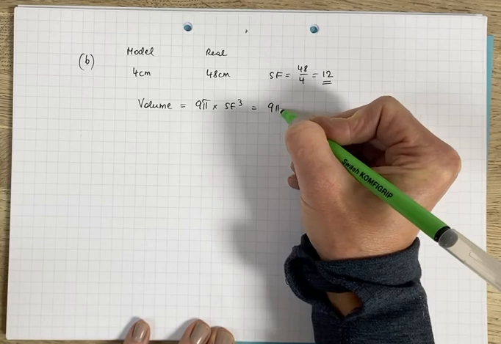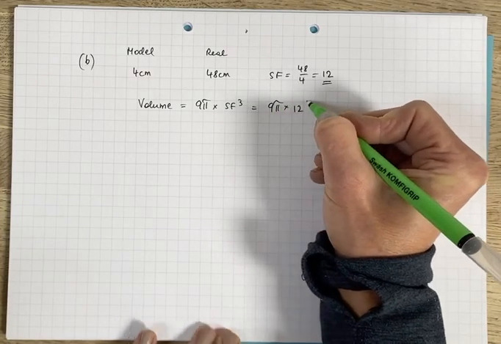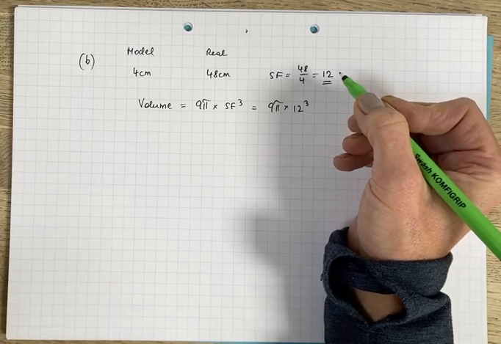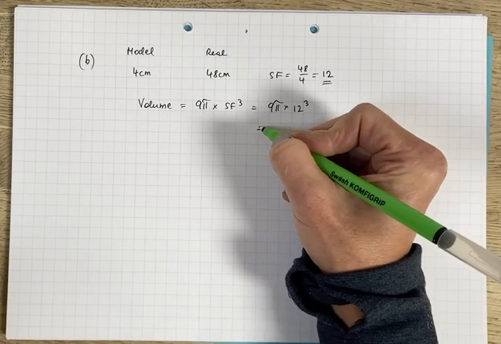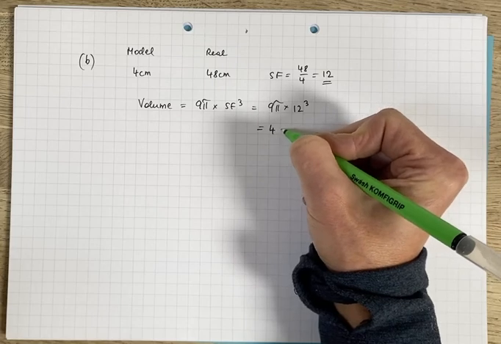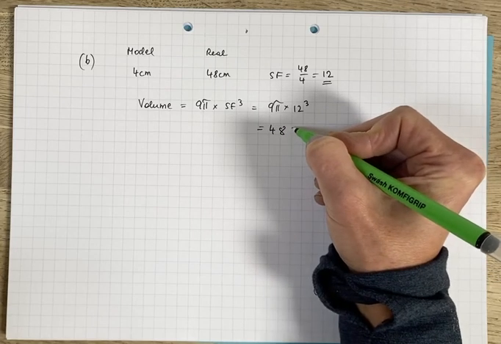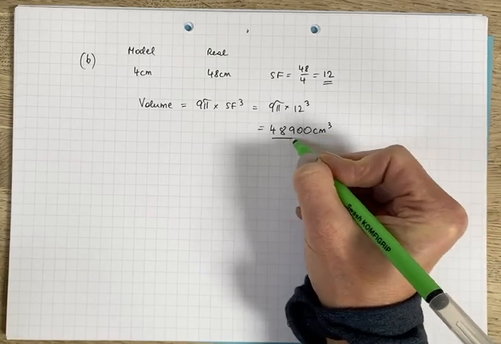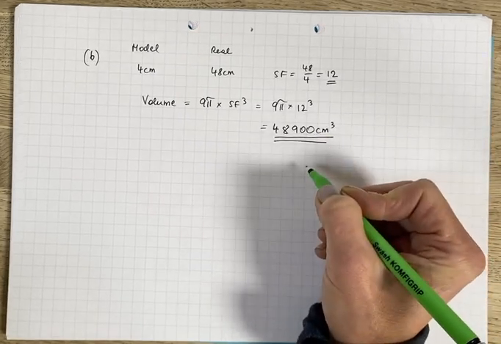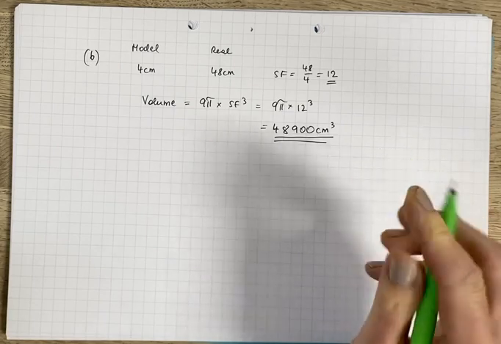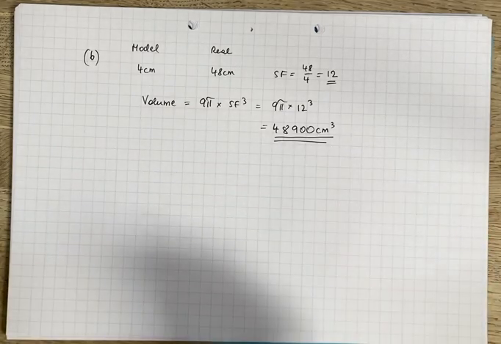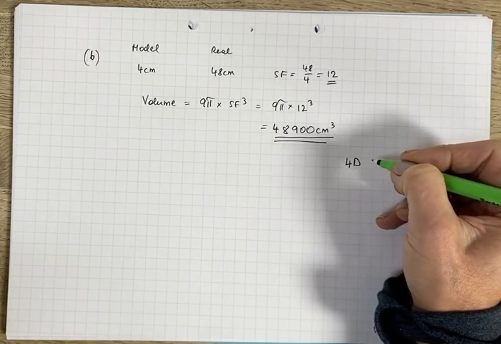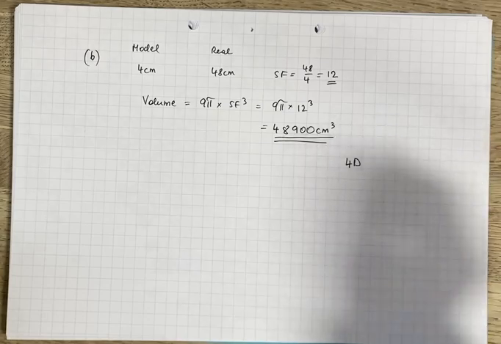So 9 pi times 12 cubed, which is 48,900 centimeters cubed, to 3 significant figures. Great. Okay, so this concludes chapter 4, and then you've got exercise 4D and the mixed exercise to follow.